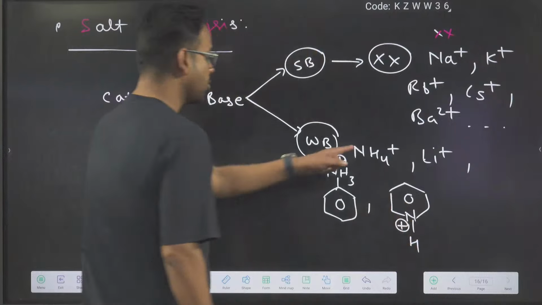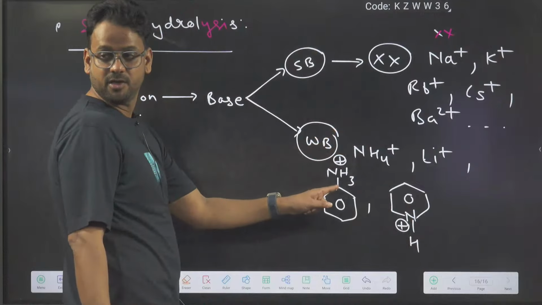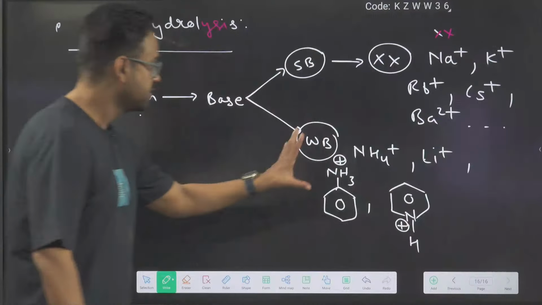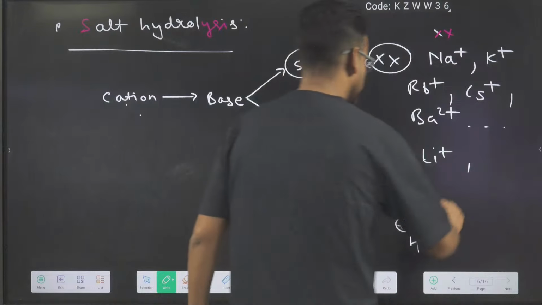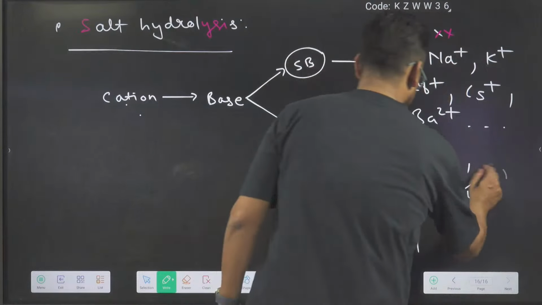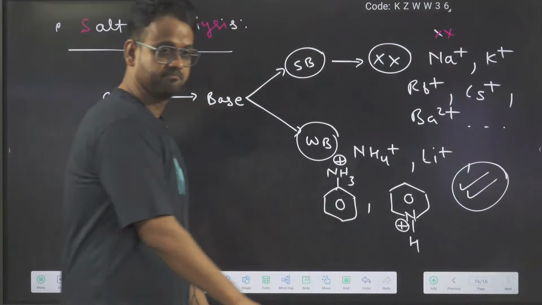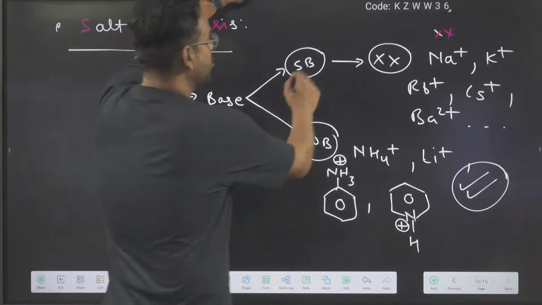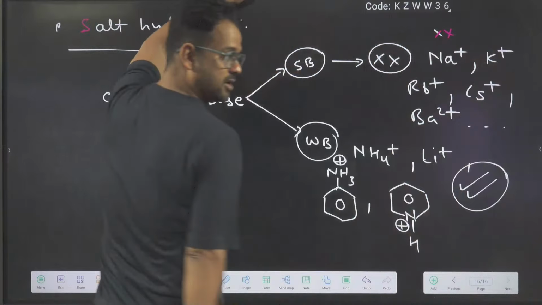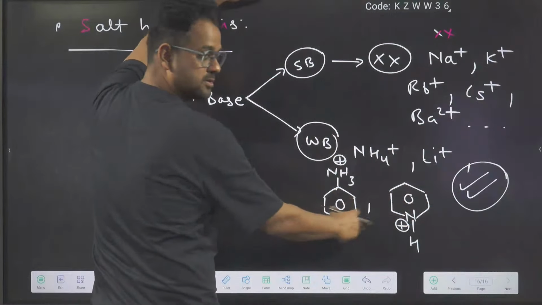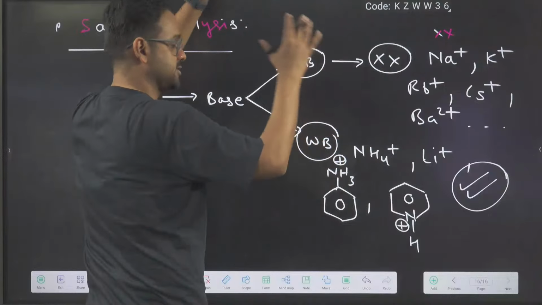So ammonia gives you ammonium, aniline gives anilinium, pyridine gives pyridinium. If this type of cation is there, hydrolysis will happen. So cation of a strong base, no hydrolysis. Cation of a weak base, these examples, they will undergo hydrolysis.